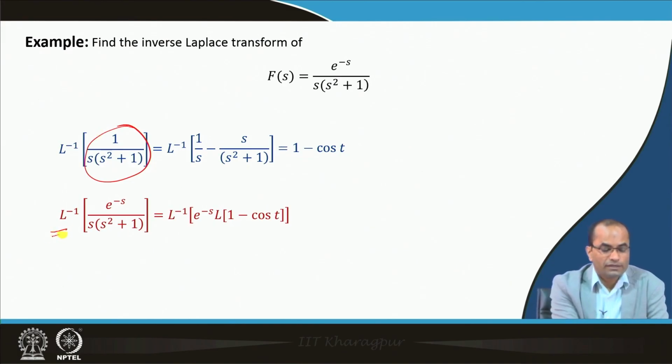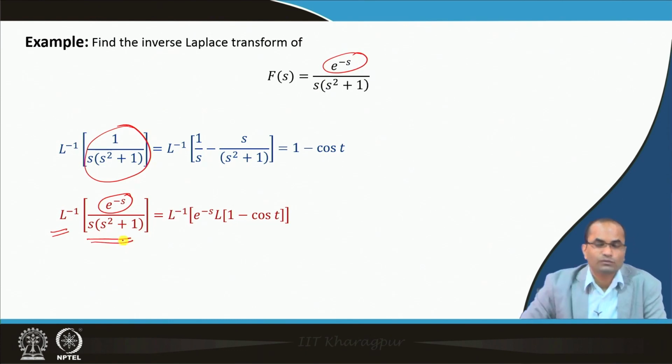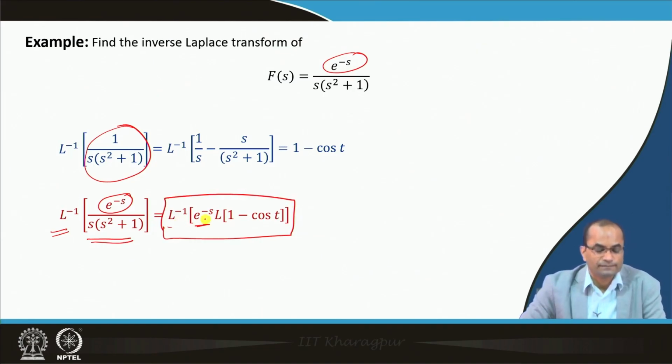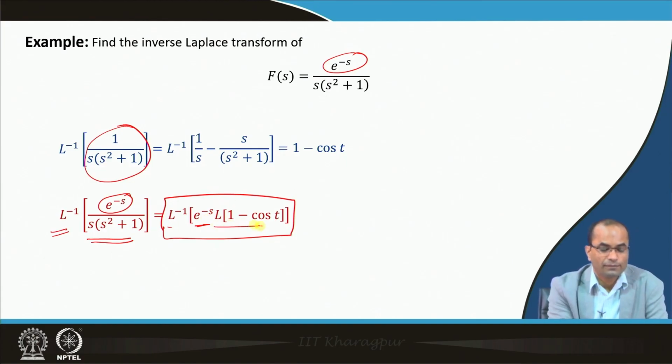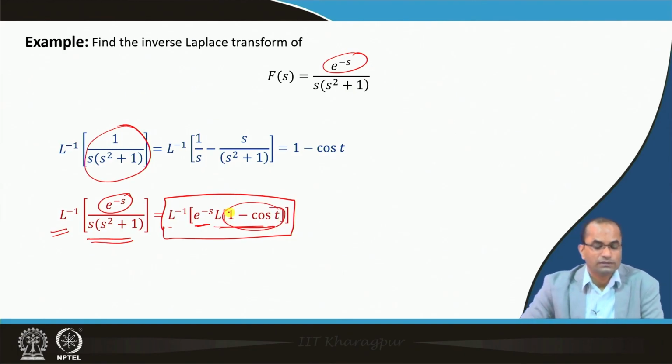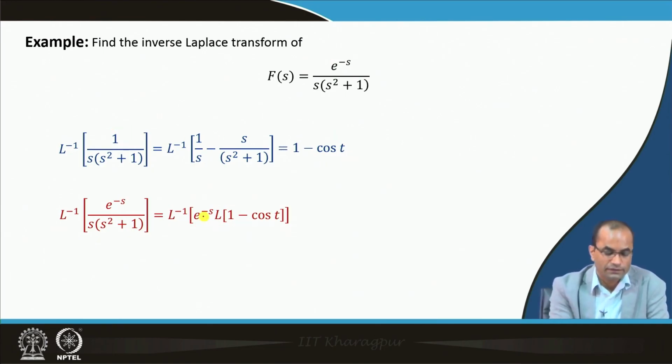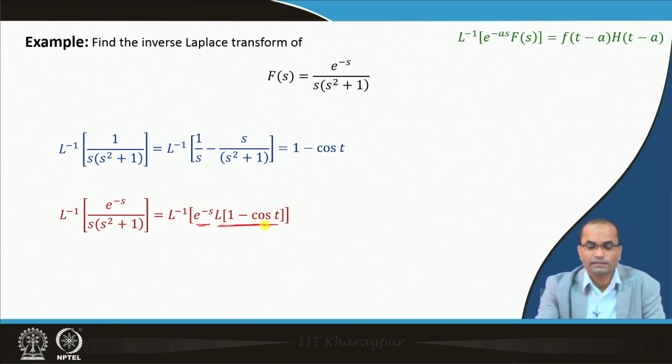Now, getting to the Laplace inverse of e to the power minus s with this s(s square plus 1). We will apply the shifting theorem. The Laplace inverse of 1 over s(s square plus 1) is 1 minus cos t. The second shifting theorem says that for e to the power minus a s F(s), the result is f(t minus a) h(t minus a).